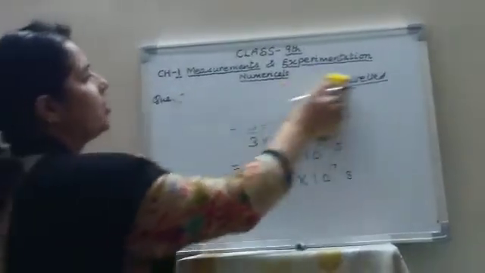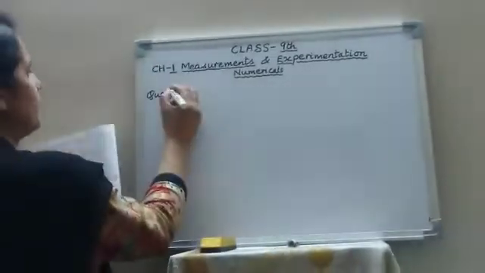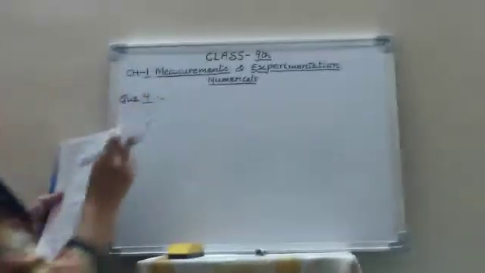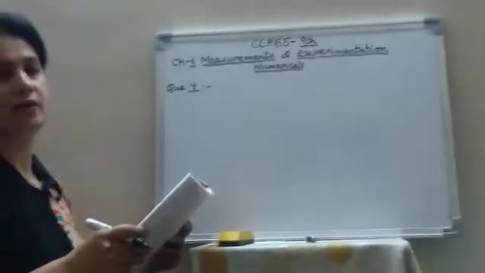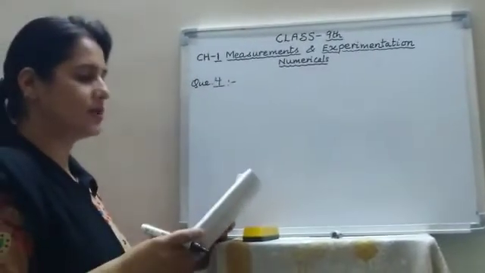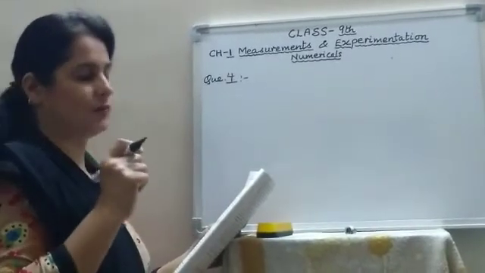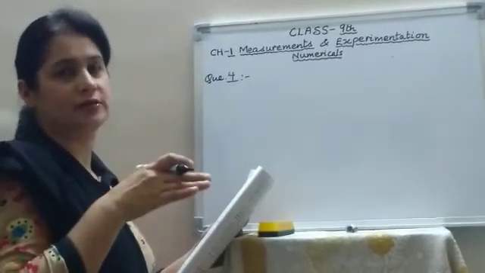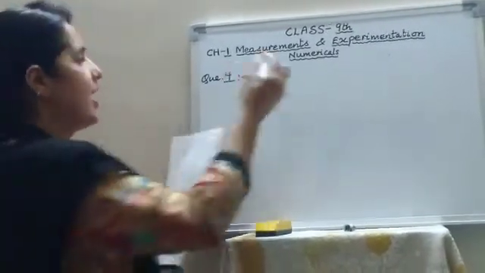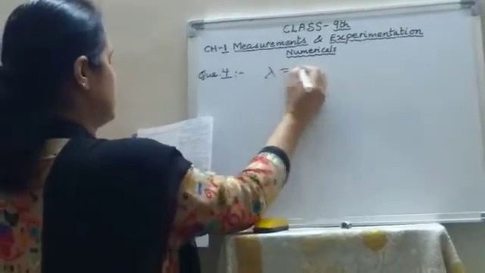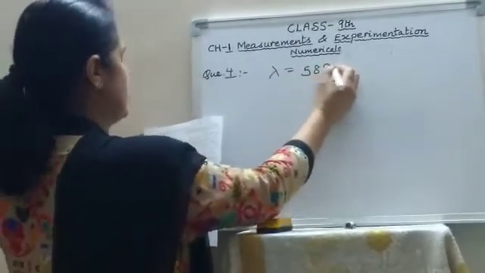Okay. Now we will do question number 4. The wavelength of the light is 589 nanometer. What is this wavelength in angstrom? Now here nanometer is given and we have to convert to angstrom. What is the wavelength? 589 nanometer.